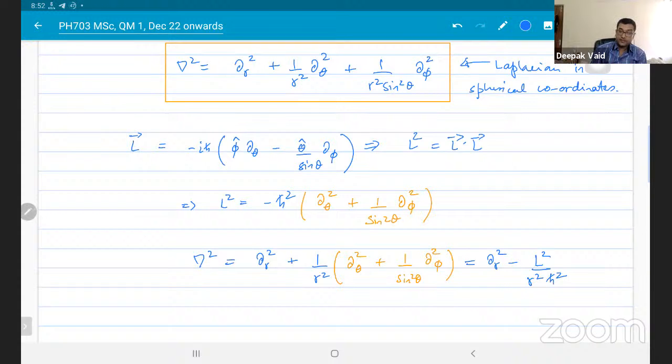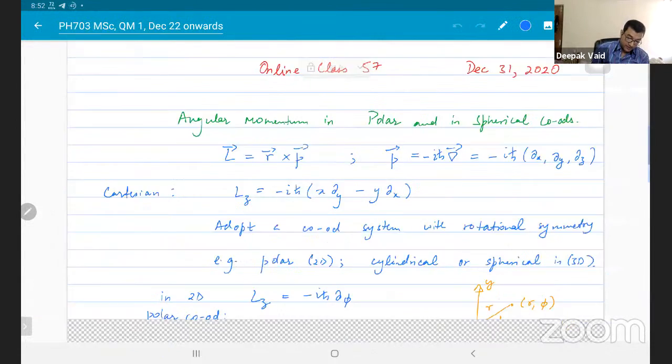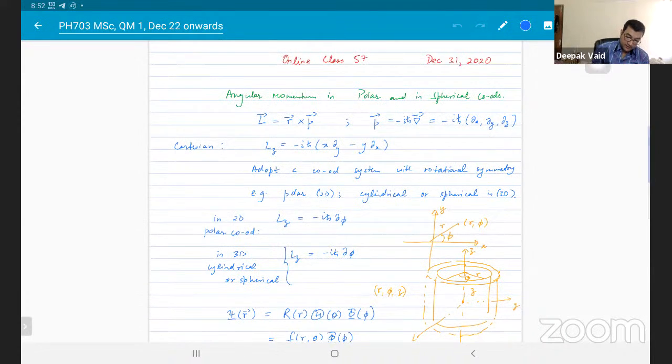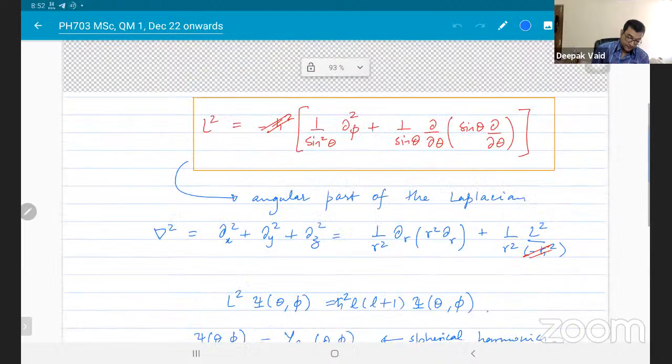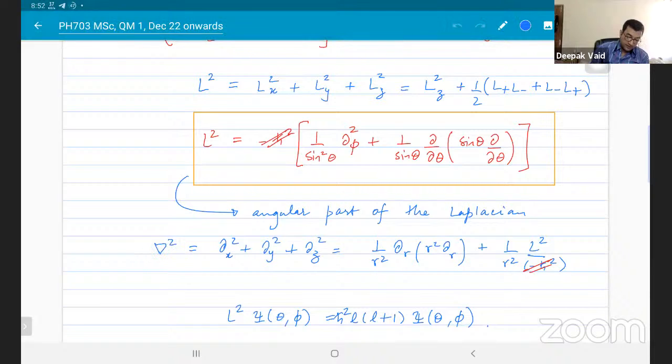And if you look back at the previous lecture notes, this is the same expression that I had given you in one of the other classes. So this is the Laplacian. I had given you something which involved this 1 by r squared. Let me check it.